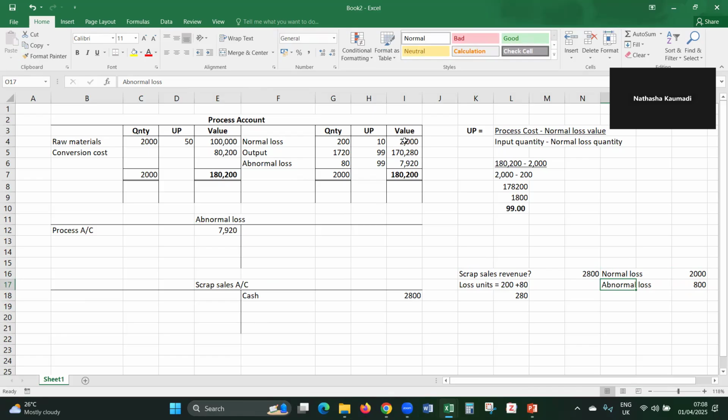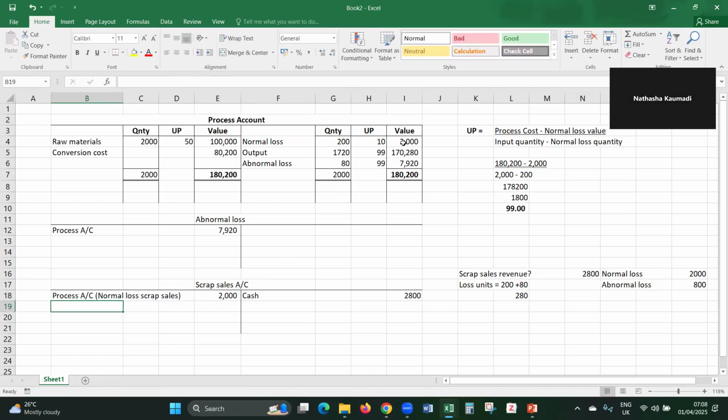This is a credit entry, no? So where's the debit entry? In the scrap sales revenue. Process account credit, we have already done that. And then the debit goes to scrap sales. So I'm writing 2,000. That is coming from the process account, which is your normal loss scrap sales.